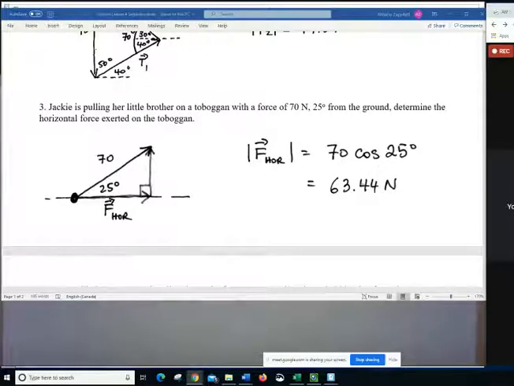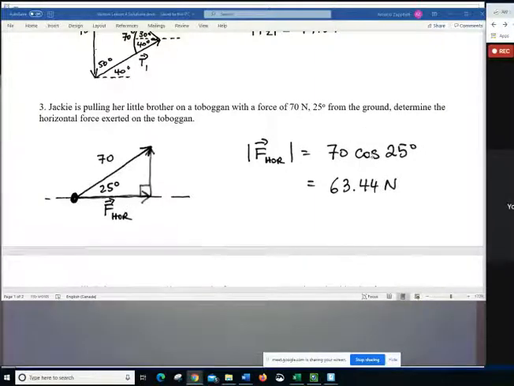So while you're exerting a force of 70 newtons, only 63 of that is actually helping to push or pull the toboggan in the horizontal direction. So not surprisingly, you lose some of that in having this angle exerted.